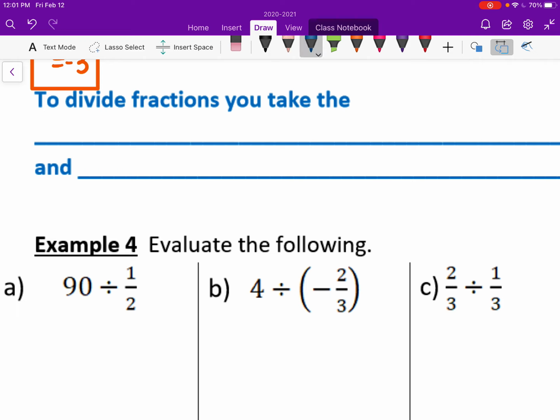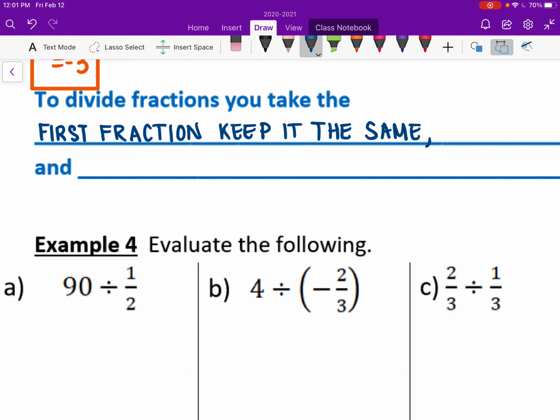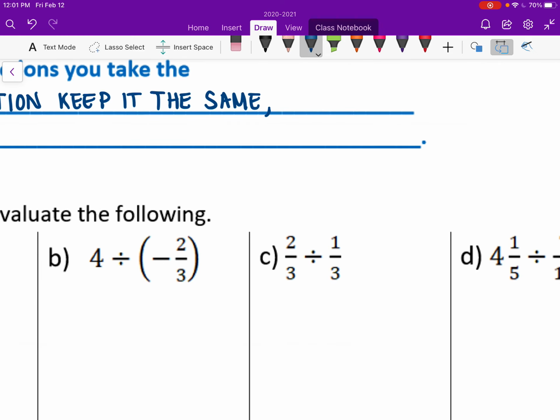Okay? All right. So to divide fractions, you take the first fraction, keep it the same, right? Then you change the division to multiplication.